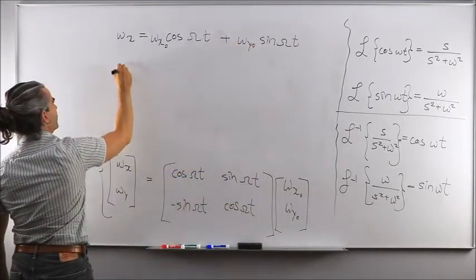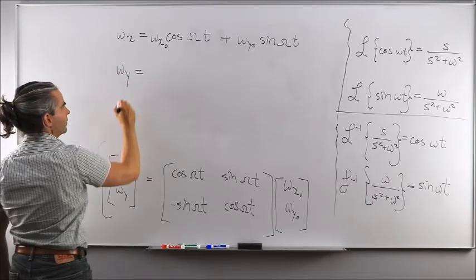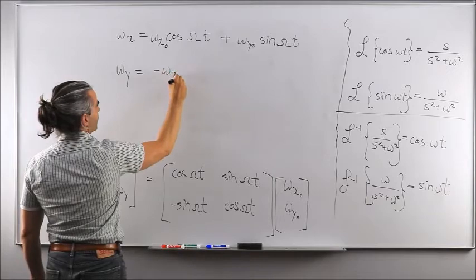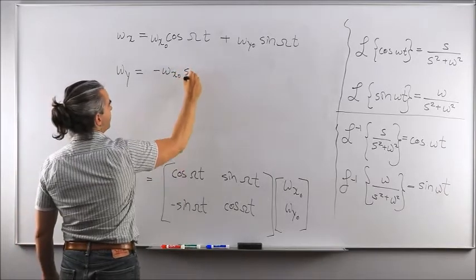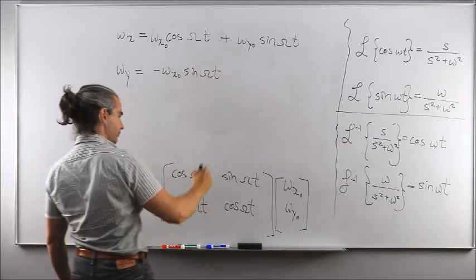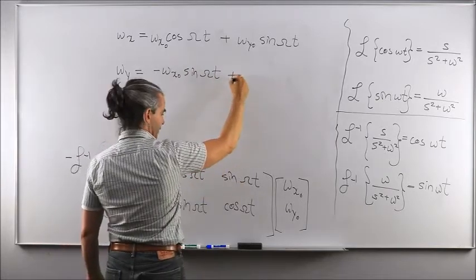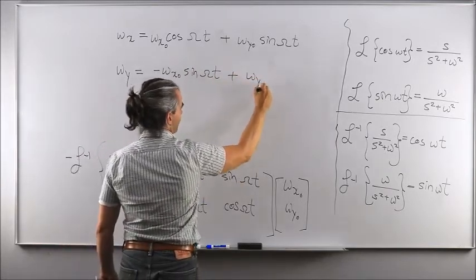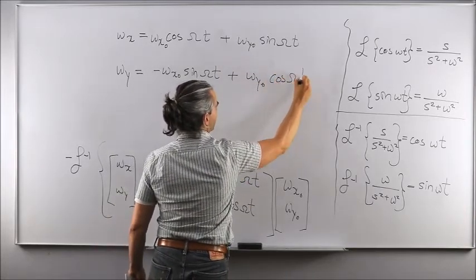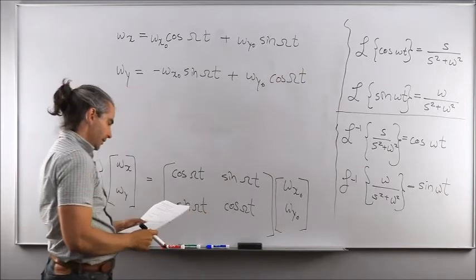And for omega y as function of time, we're going to get minus omega x naught, that multiplies sine omega t. And then plus omega y naught, which multiplies cos of the relative spin rate times time this time around.